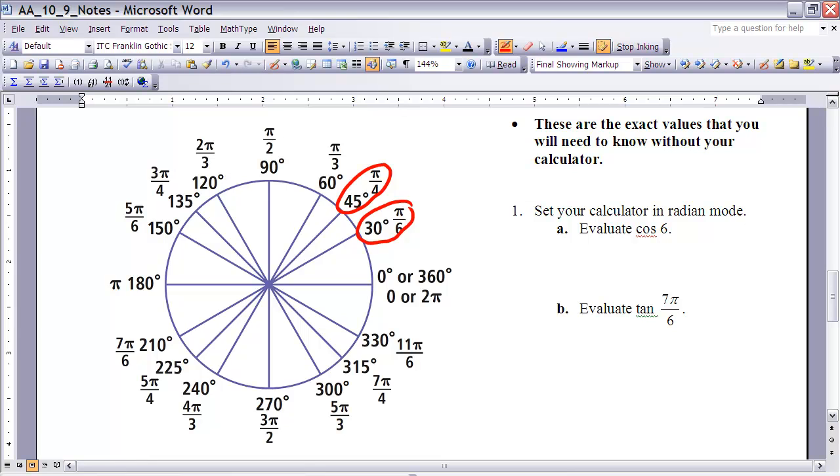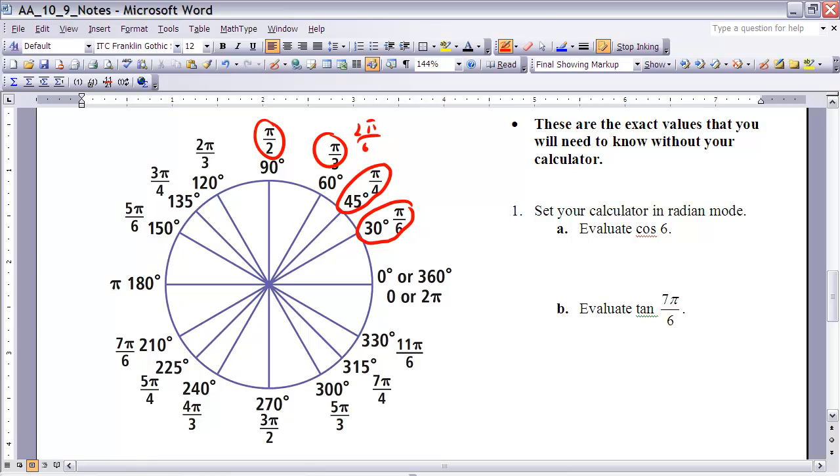For instance, if I know 30 degrees is pi over 6, then 60 degrees is twice as much, so that's 2 pi over 6, which is equal to pi over 3. 90 degrees is 3 pi over 6, or pi over 2. 120 degrees is 4 times 30, so that's 4 pi over 6, or 2 pi over 3. 150 is 5 pi over 6, 5 times 30. And 180 is 6 pi over 6, which is just pi.